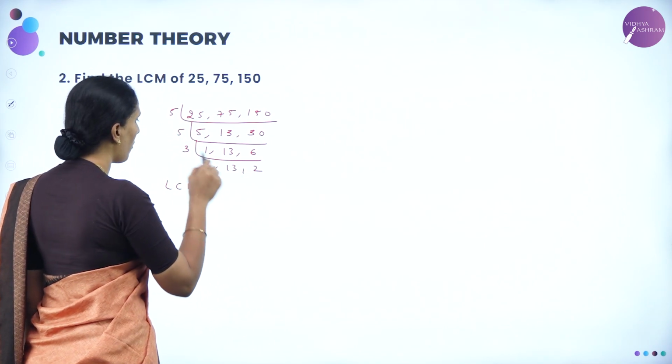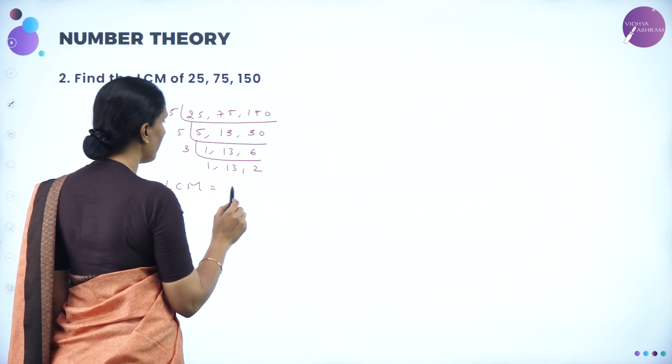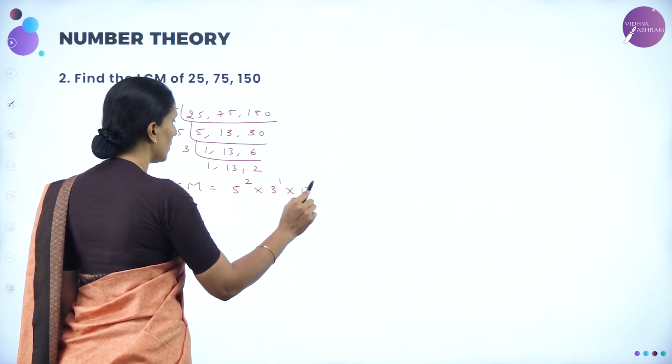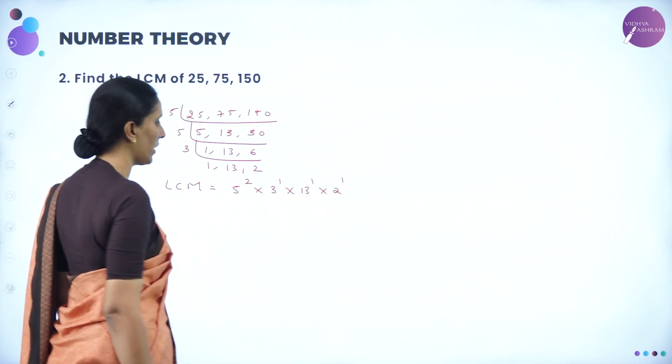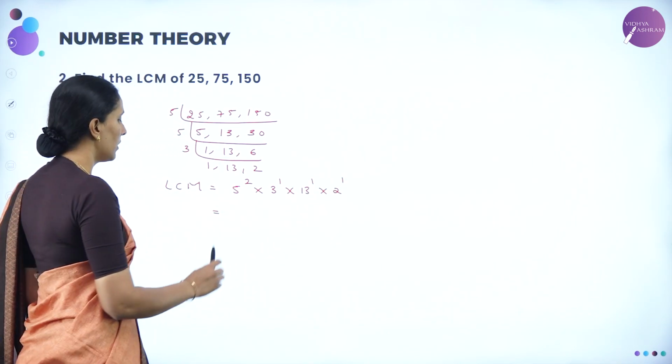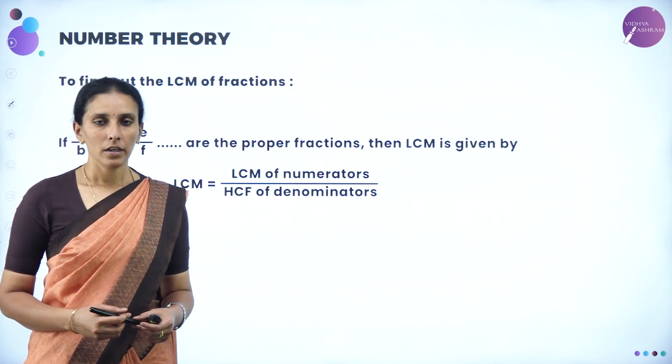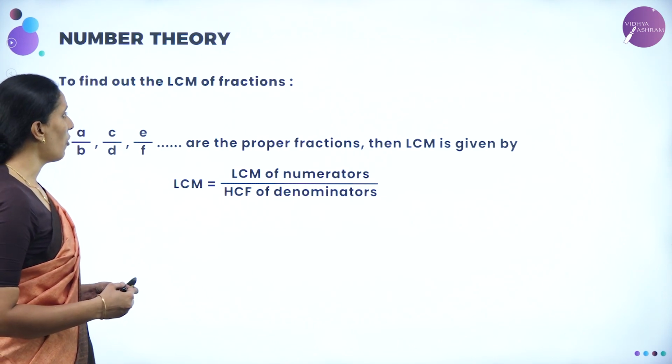So now all of them are in primes. So we have 5 two times, 3 one time, 13 one time, 2 one time. So let's multiply this. The least value is 1950. Now to find the LCM of fractions.